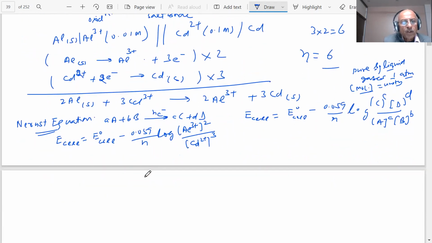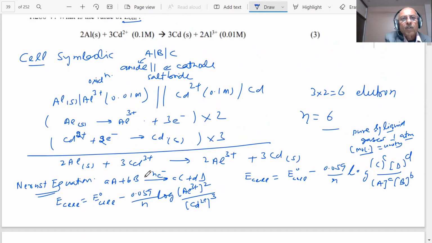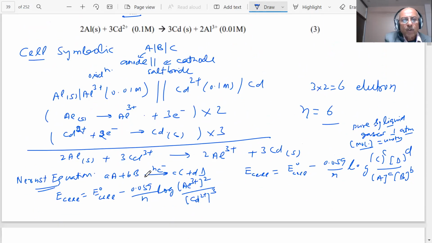What is the value of E naught cell? E naught cell is given as 1.260 volt.